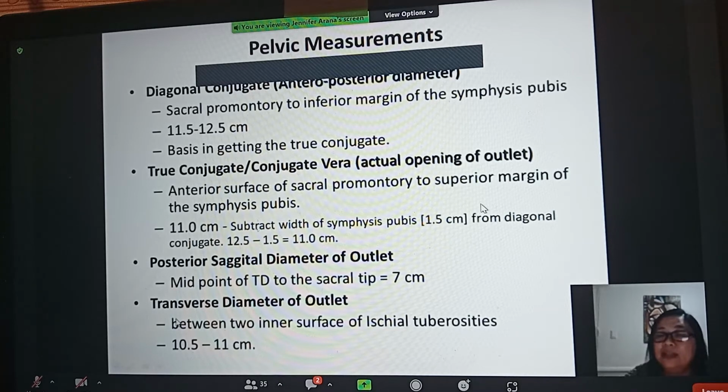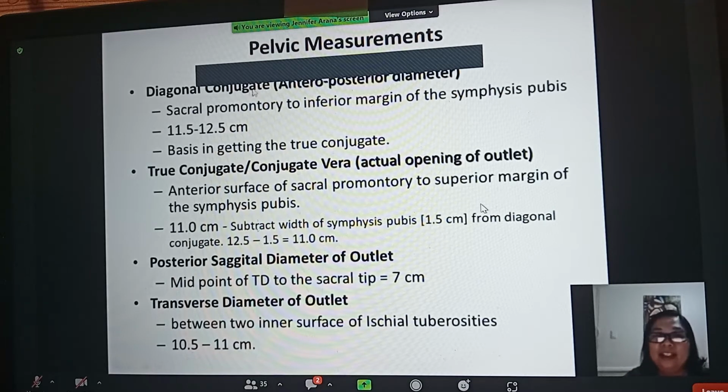Another pelvic measurement is the transverse diameter of the outlet. The transverse diameter of the outlet is measured between the two inner surfaces of the ischial tuberosities, so from one ischial spine to the other ischial spine, and it is around 10.5 to 11 centimeters.